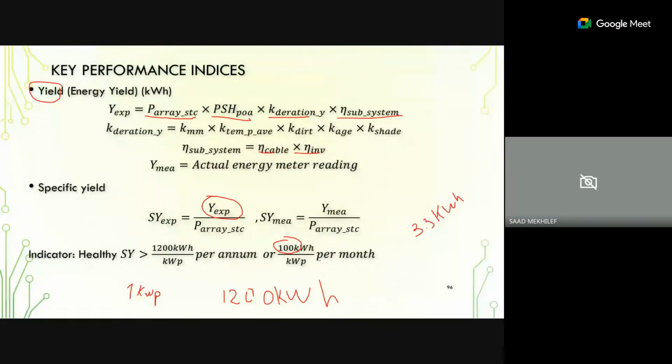You see? So a 1 kilowatt PV system should give us at least 3.3 kilowatt hour per day. Then we can consider the system is healthy and good and value for money. We call this the energy yield of the system.